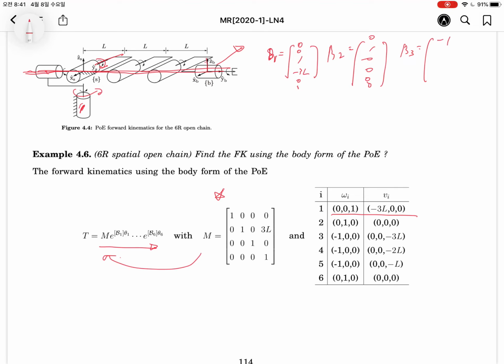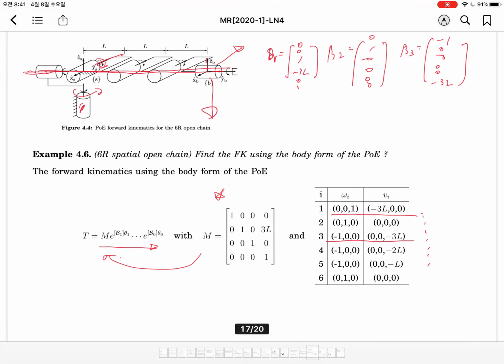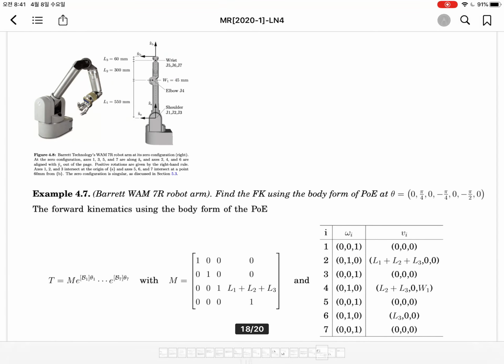This corresponds to minus x, so minus 1, 0, 0. This movement will make the minus z-directional linear motion, so 0, 0, minus 3L. Like this, we have the screw axes in the body frame.